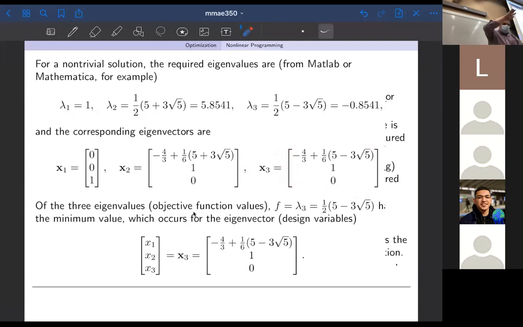The mathematical problem in this case ends up being an eigenvalue-eigenvector problem, but the eigenvalues and eigenvectors have a physical connotation, a physical relationship to the original problem. So x3 and lambda 3 correspond to the minimum because this is the smallest of my 3 eigenvalues.